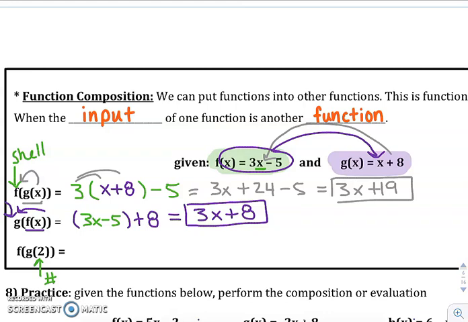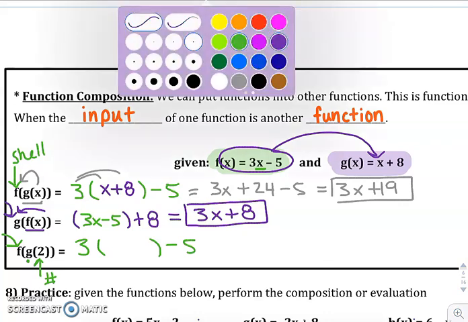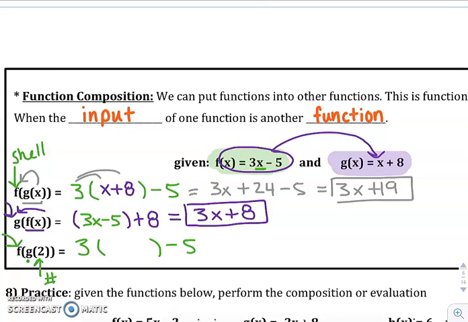You're still going to start with the outside function as your shell. So we're still going to start with f. So 3x minus 5. And instead of the x, we're going to put parentheses. So 3 parentheses minus 5. And we're putting the g function in there. So that will be your x plus 8. So really, it's just what we did first there.